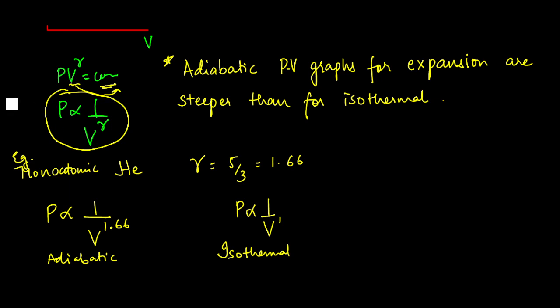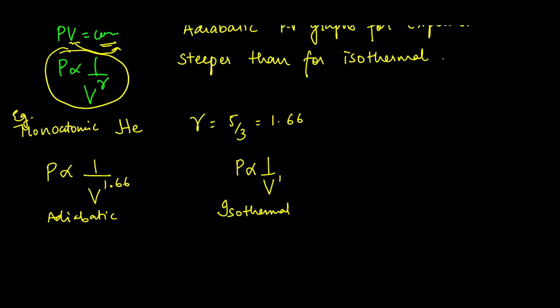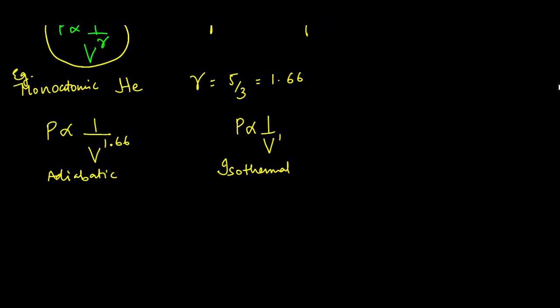Okay, so this is what we have got, right? Now by looking at this itself we can tell that in the adiabatic process, the denominator will be bigger compared to this one. Yes or no? Okay, so what happens?